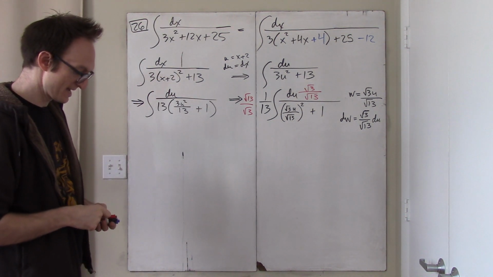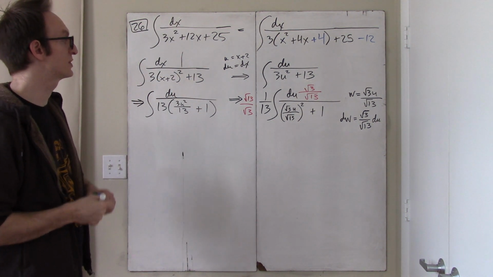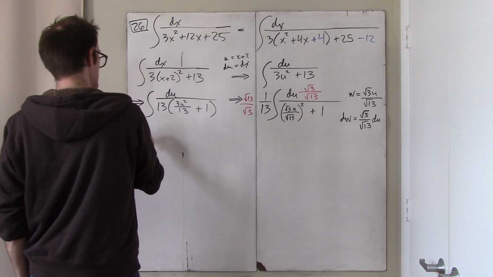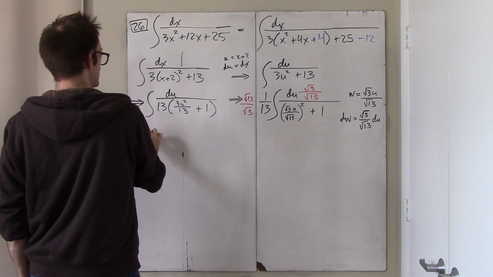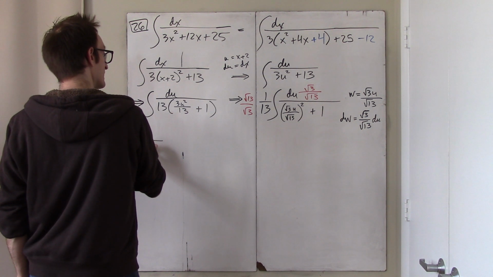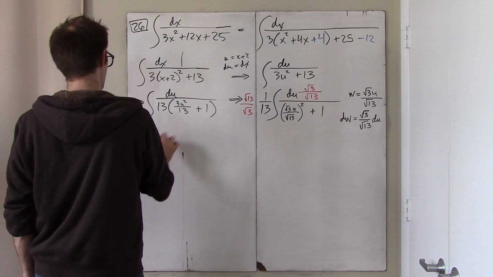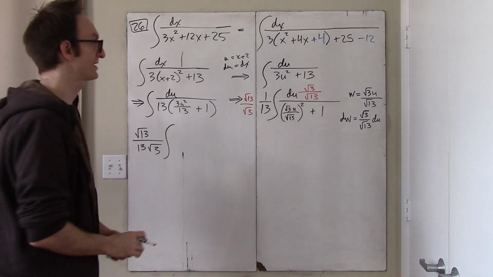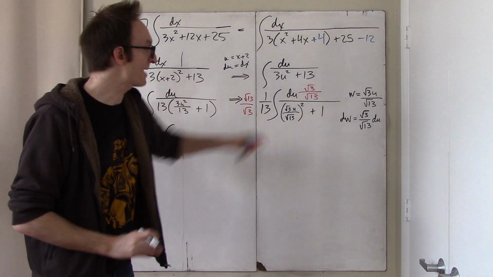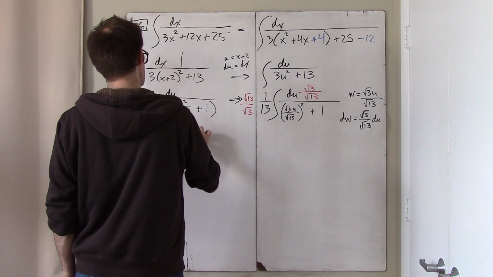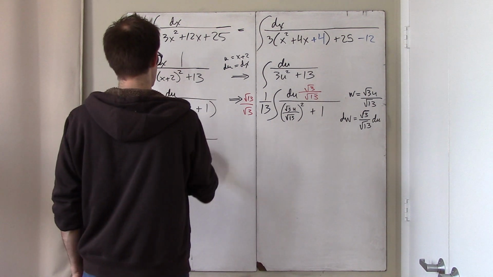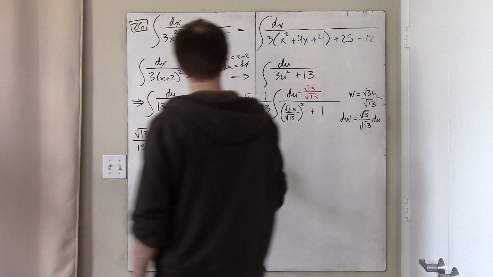Okay, if I do that, I get root 13 over 13 root 3 times the antiderivative of, well, that whole top becomes dw, and the bottom becomes w squared plus 1.